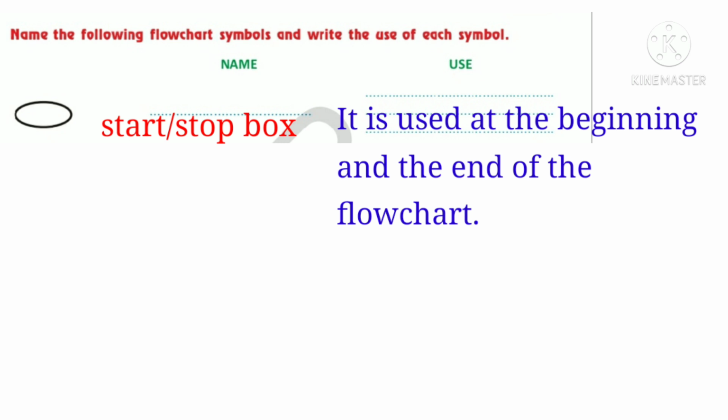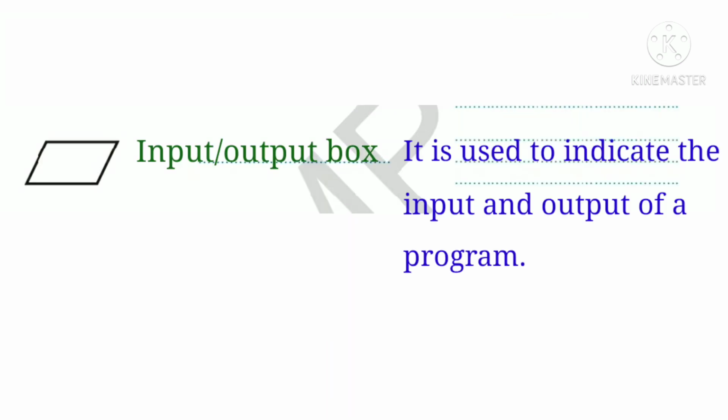Use: it is used at the beginning and the end of the flowchart. Next, input output box, it is parallelogram. What is the use? It is used to indicate the input and output of a program.